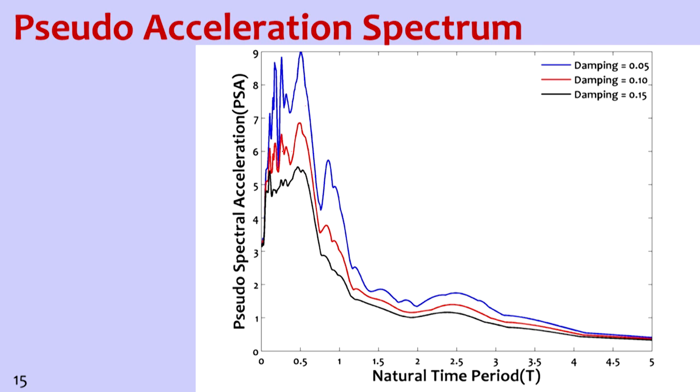You may note that as damping increases, it reduces the amplitude value at the same natural period. So this is the response spectra for various damping values for a given component of earthquake. In this example, we have used El Centro ground motion.